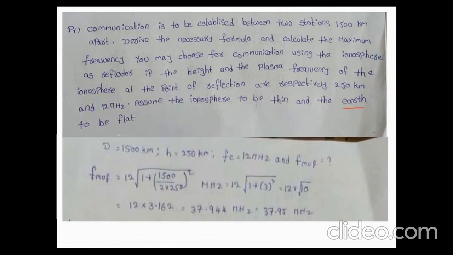D is given as 1500 kilometers, H is given as 250 kilometers, Fc is nothing but 12 megahertz, and the MUF formula is the same again. So this is a very important problem. They will ask you 5 marks questions in several ways like this. See the difference between the questions, how they are asking.